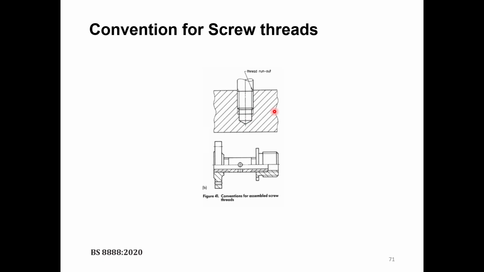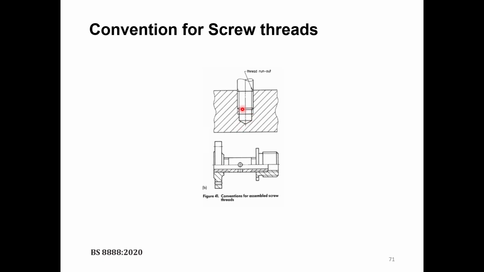Think about how this part is manufactured: we first use a drill tap to make a hole, then we use a different tool to make the thread. Even when we assemble this part to this part, the thread of the bolt doesn't go all the way down to the end of the thread that you have made in the hole.